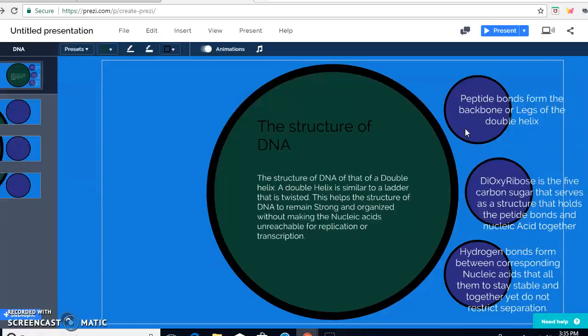And then the outside sections, think of the parts between the rungs as your phosphate bonds, and the parts that are connecting the rungs and the legs together, that would be your sugar, basically. You have deoxyribose. It serves as a 5-carbon sugar, and of course the peptide bonds.